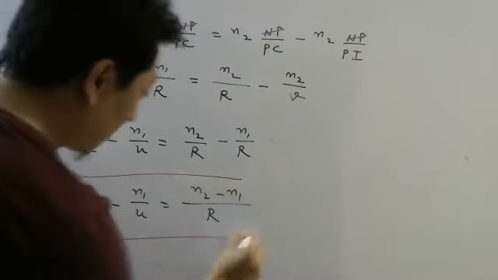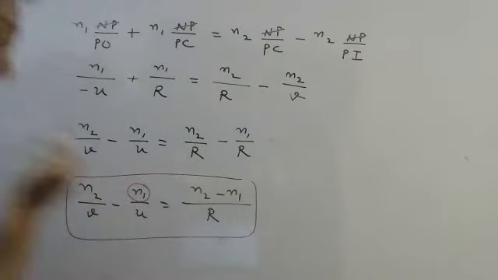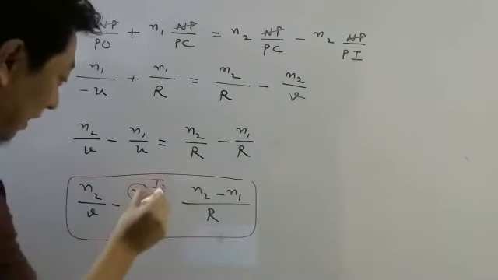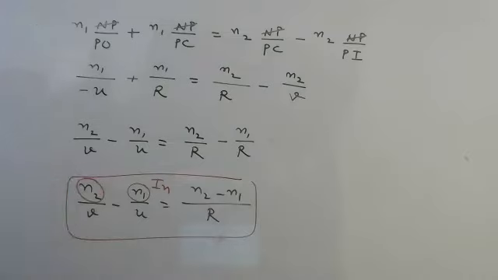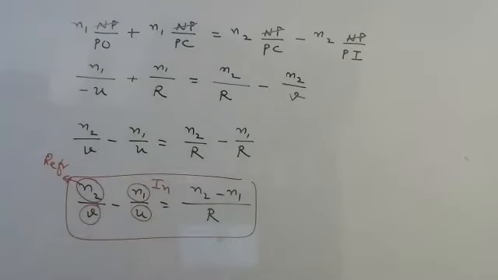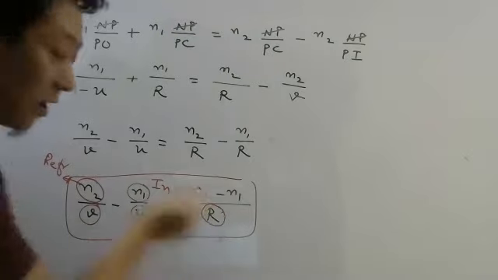Again, guys, try to remember this is the refractive index where there is the incident ray, and this is the refractive index where there is the refracted ray. This is the object distance, this is the image distance, and this is the radius of curvature.